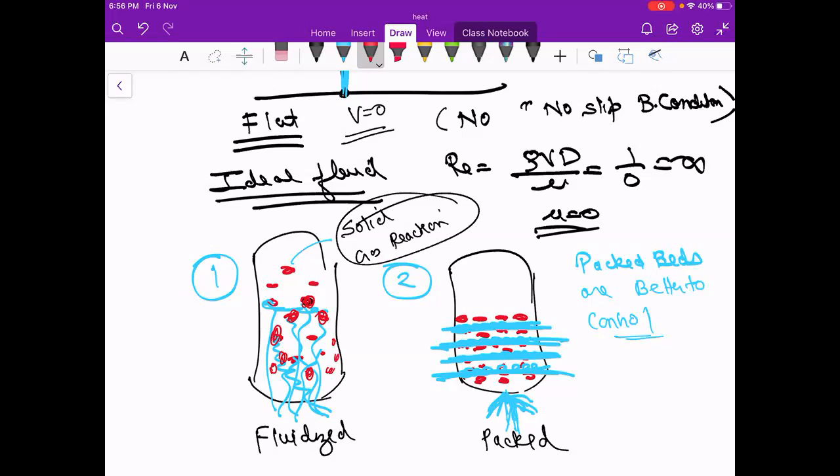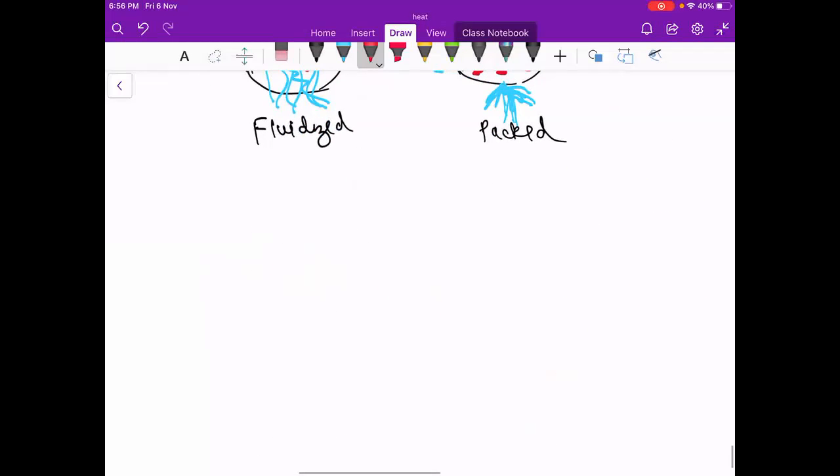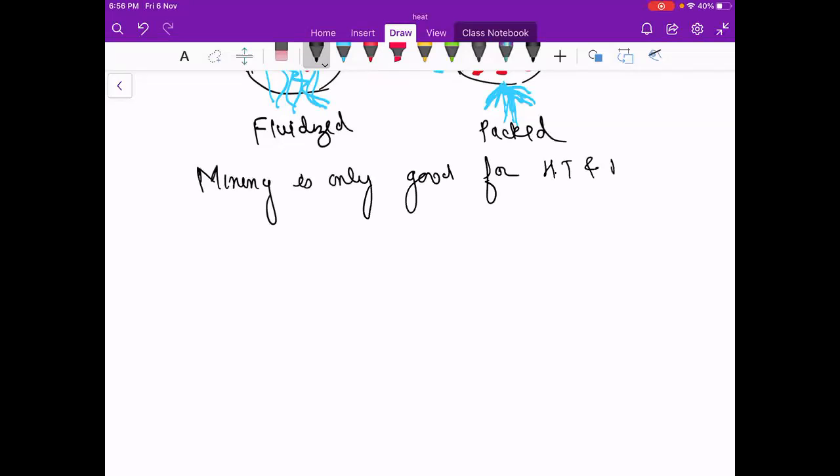One thing always remember, mixing is not good for reaction. You can write this point actually: mixing is only good for heat transfer and mass transfer.